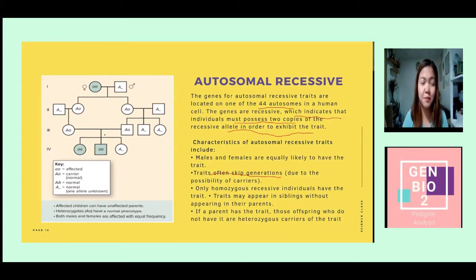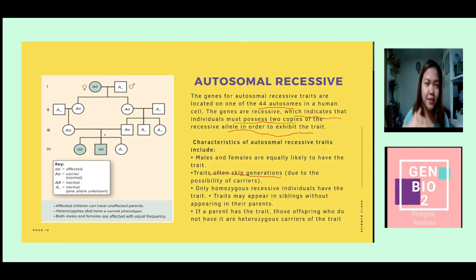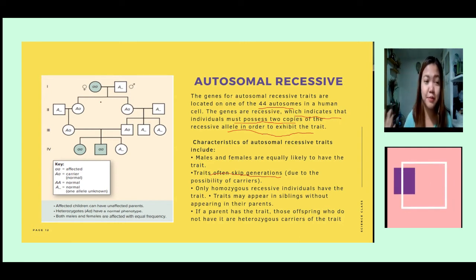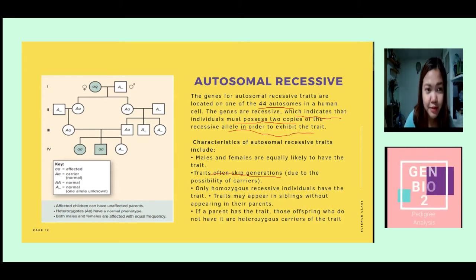So kanina, sa autosomal dominant pattern of inheritance, hindi siya nag-skip kasi wala kang carriers. So pag meron kang heterozygous, automatically ma-express mo yung trait. Pero here kasi ma-express mo yung trait pag meron kang dalawang recessive na allele. So we also have this carriers. We call this carriers. Yung hetero, bakit sila carriers?